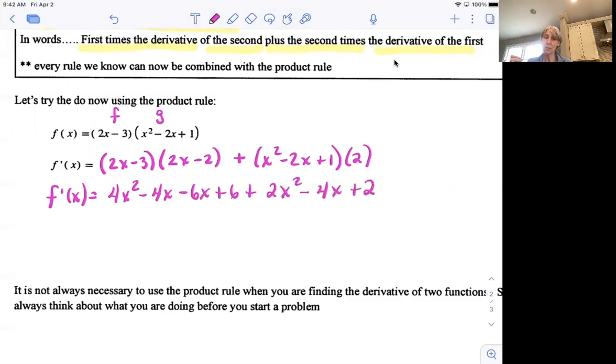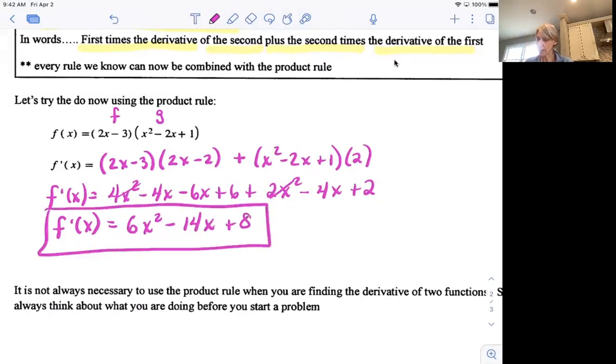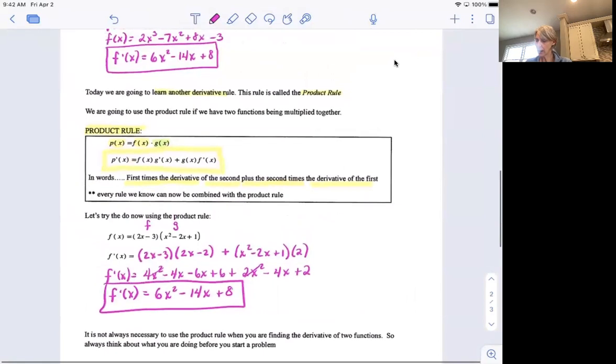And hopefully, if I did my math right, I'm going to wind up with the same answer as I did up top. 4x squared and 2x squared, 6x squared. Negative 10x, negative 4x. 6 and 2. And let's just stop a moment and compare. And we got the same exact answer.